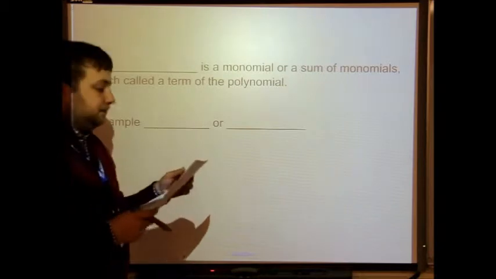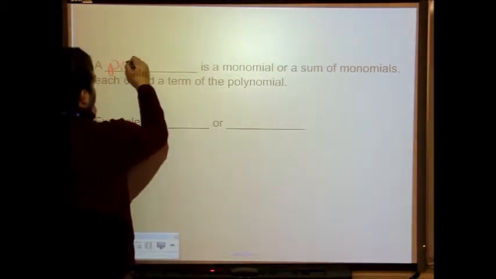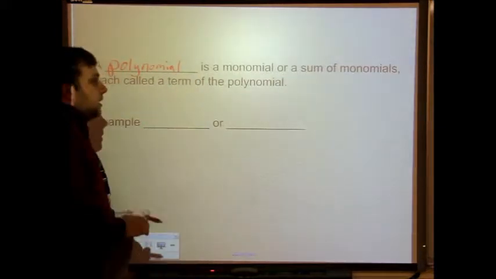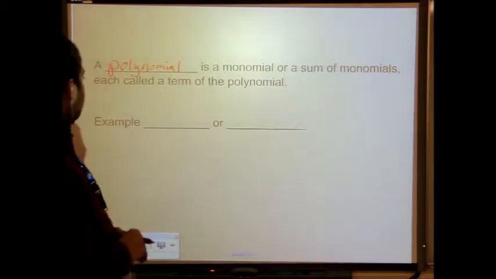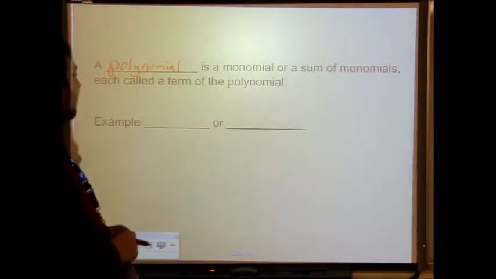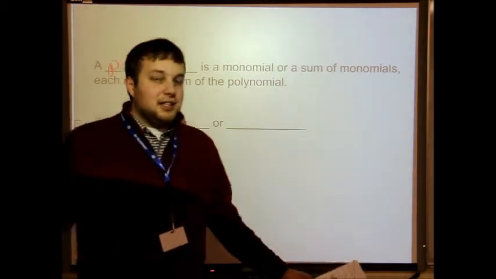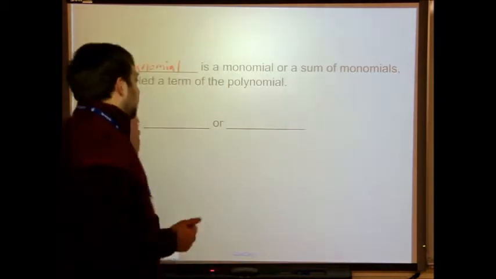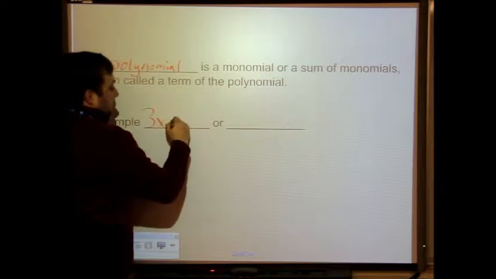Then, next, a polynomial is a monomial with the sum of many other terms. So, for instance, poly means many. It's many of them. So it's not just going to be one, it could be many. So, for instance, we got like 3x plus 2.